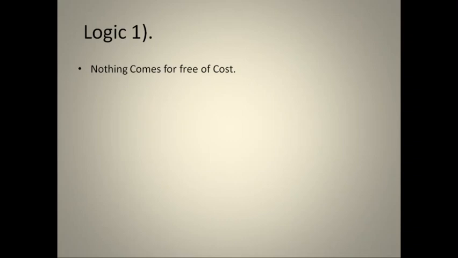The bank charges you interest, so that's your cost, interest cost. Similarly, the owners who are investing money in their own business also have some cost. How? I will explain in some time. So for now, nothing comes free of cost, and each and every fund has its own cost.